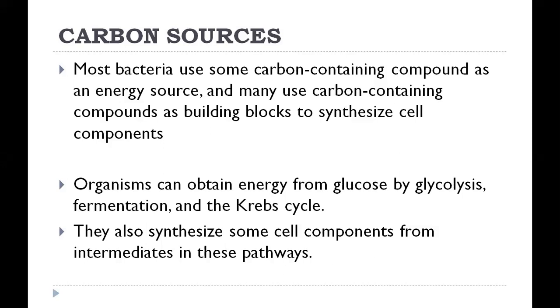Bacteria can also synthesize many cell components from the intermediates of the pathways of the Krebs cycle. So carbon is one of the major nutrients required as a building block for the growth and division or multiplication of the bacterial cell.